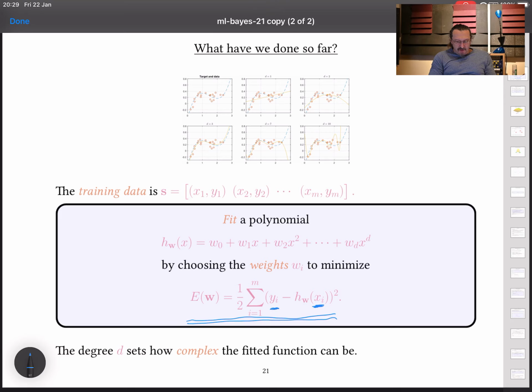That's the actual value of yi. I take the difference between them and square it so that I get a positive number, and then I add all these values up over all the training examples that I've got to get a measure of error.